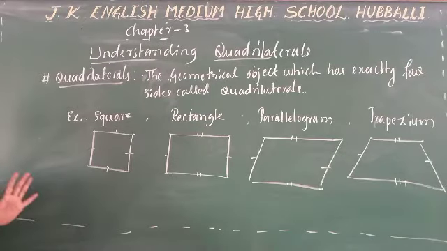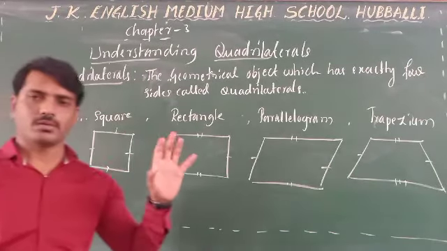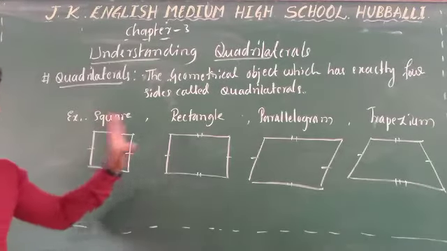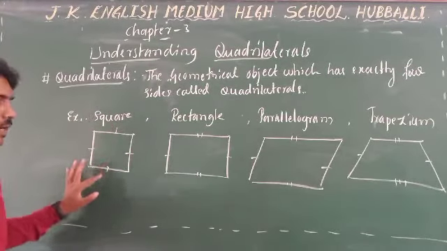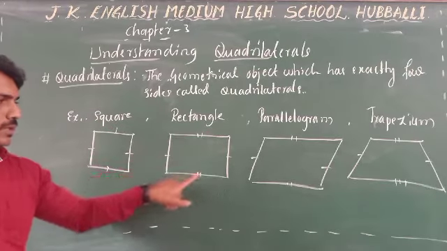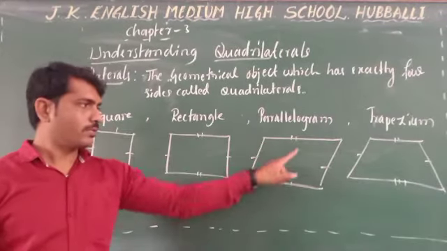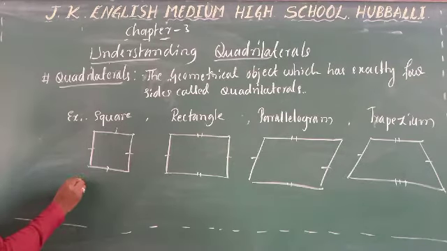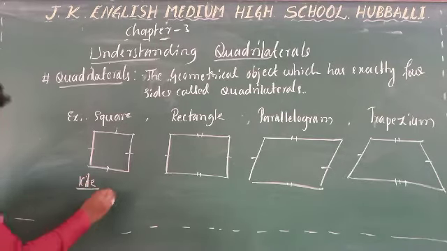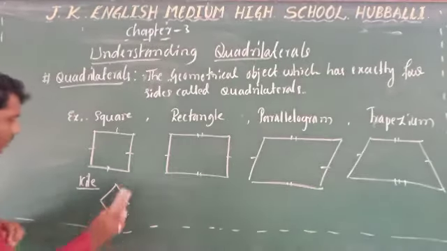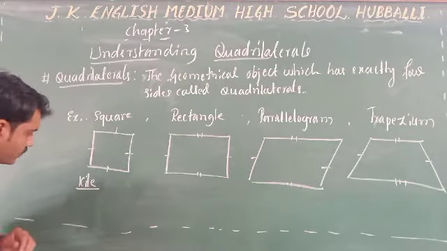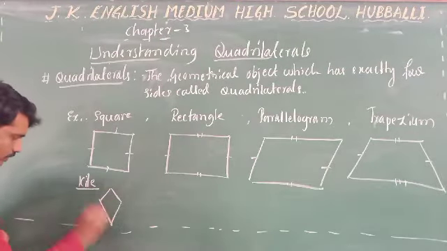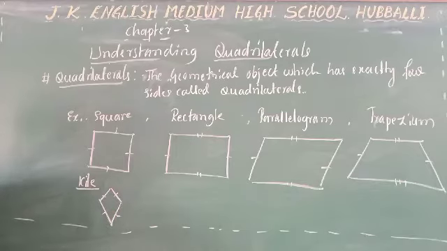Still, how many are there? Okay, these 4 are the basic quadrilaterals because these are having exactly 4 sides. So we can give one more example, like kite. Kite is also one of the quadrilaterals.